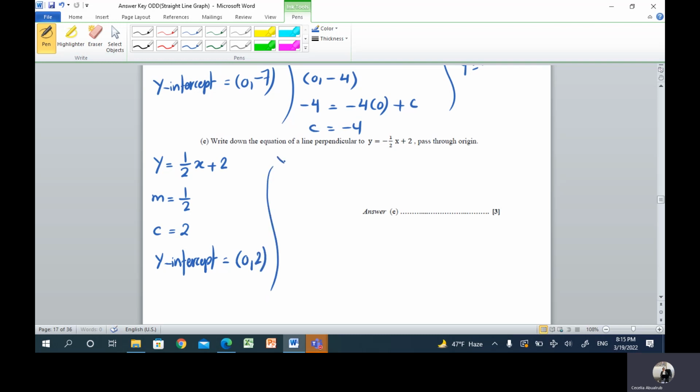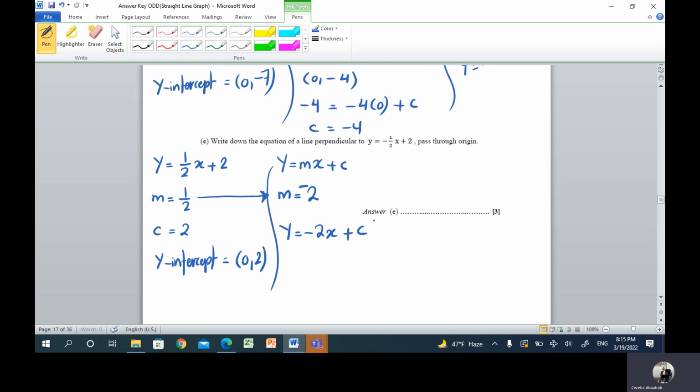Now the perpendicular line is unknown, so I'm going to give it an equation of y = mx + c. The gradient of a perpendicular line is reciprocal, so instead of 1/2 it will be 2, and the opposite sign, -2. So I know now half of the equation, y = -2x + c.